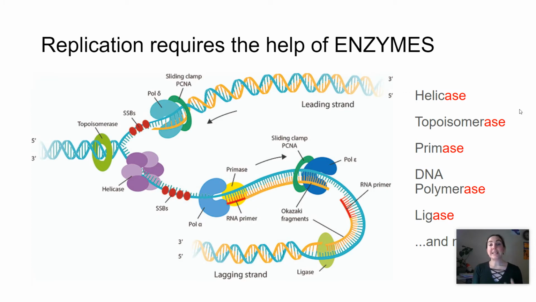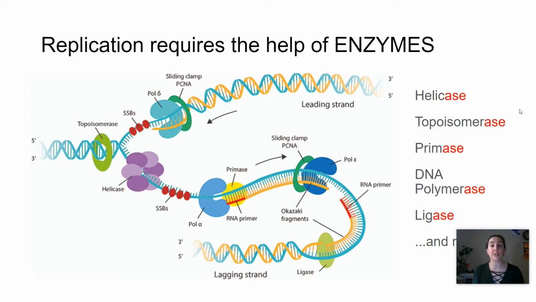This is a really complicated process that involves lots and lots of enzymes to help. If you remember, enzymes are proteins that help carry out chemical reactions and processes like copying DNA. In this picture, you see many enzymes that are assisting with this copying process, and their names are over on the right.